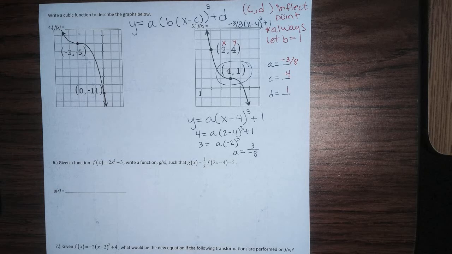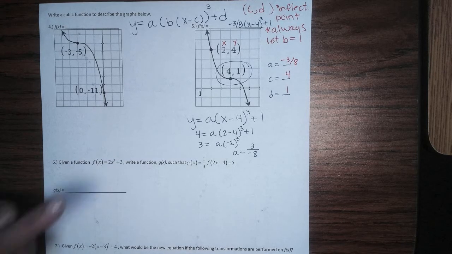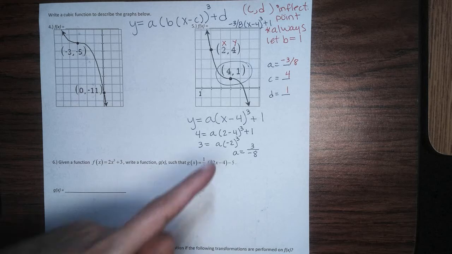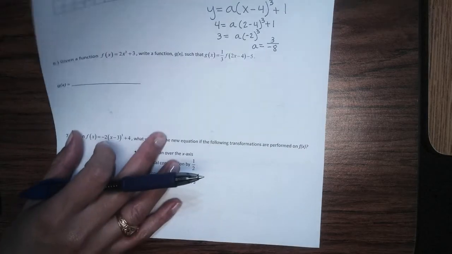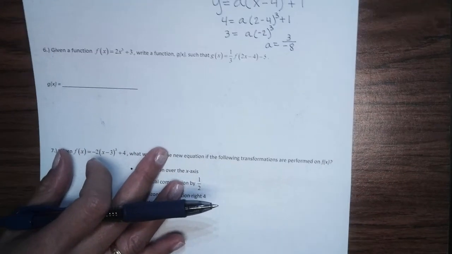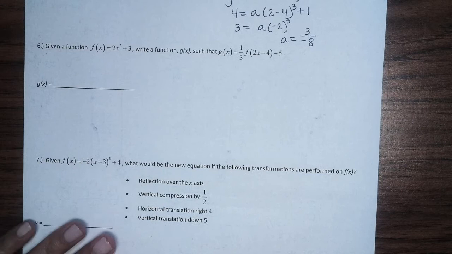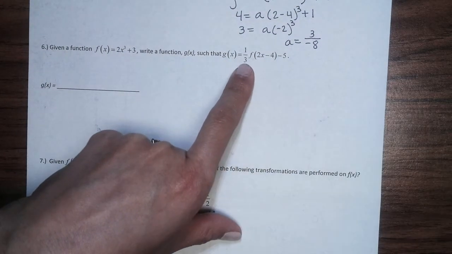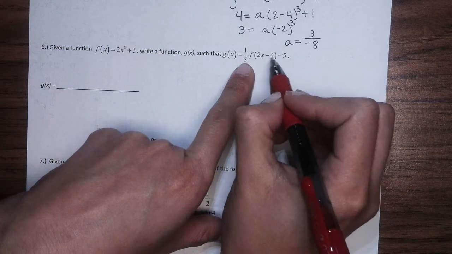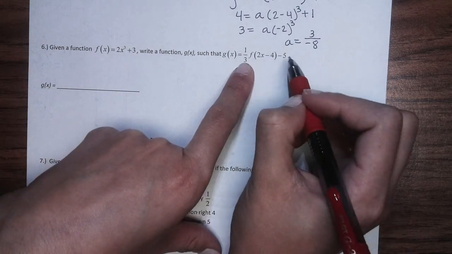Number 6 and 7. Given some f of x function that has already been shifted, write a new function g of x so that g of x has the following transformations. Here's what I do. I go in and look at g of x. It equals 1/3 f of 2x minus 4 minus 5.